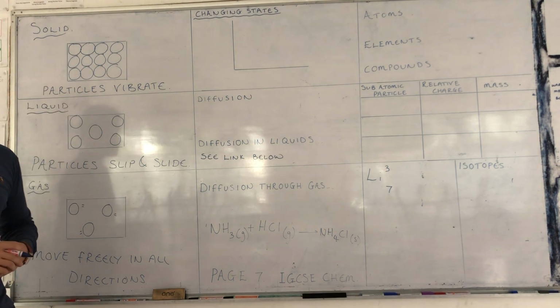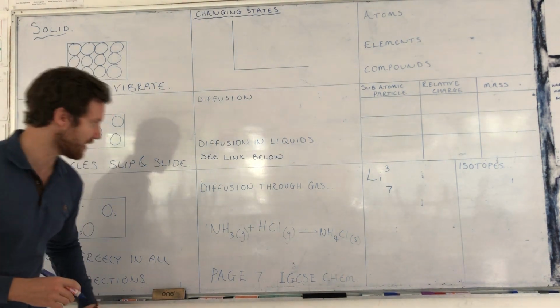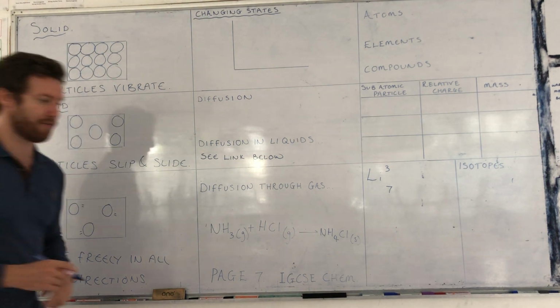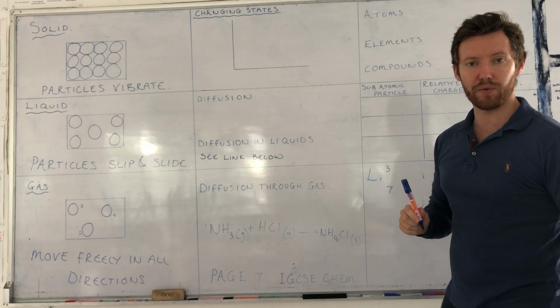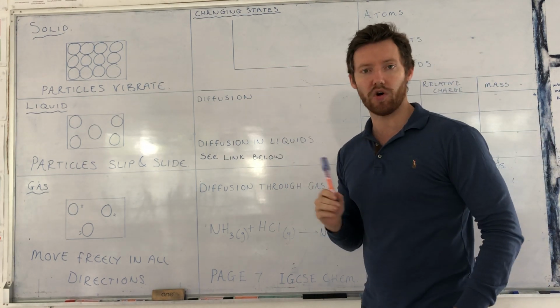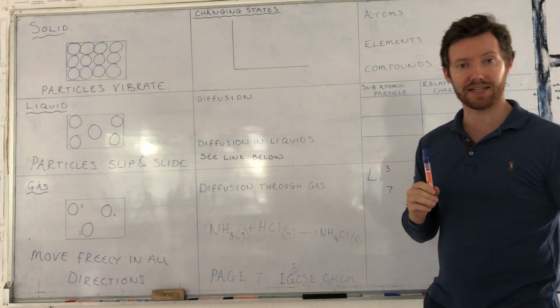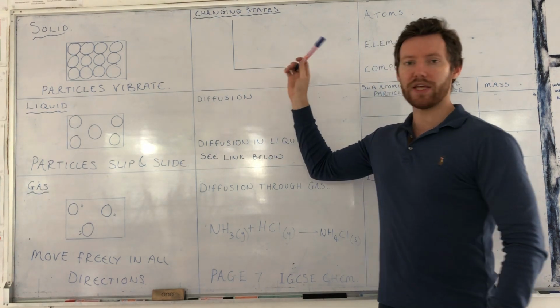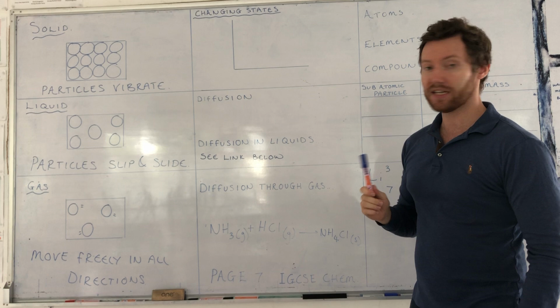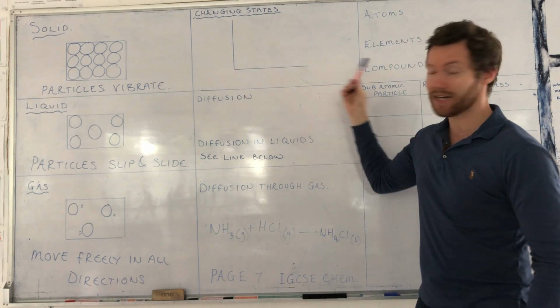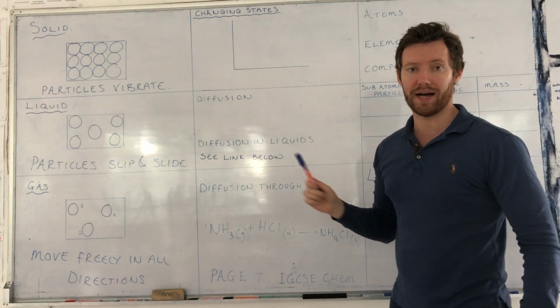Now, what do we need to know for a GCSE course incorporating this information? We need to refer this knowledge to a graph which is very popular within all GCSE examination questions. We call it our changing states graph. With every graph, you have your x-axis and you have your y-axis.